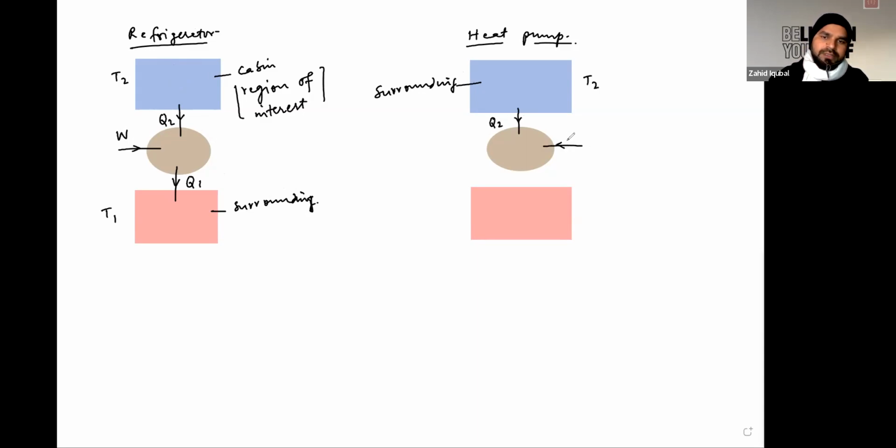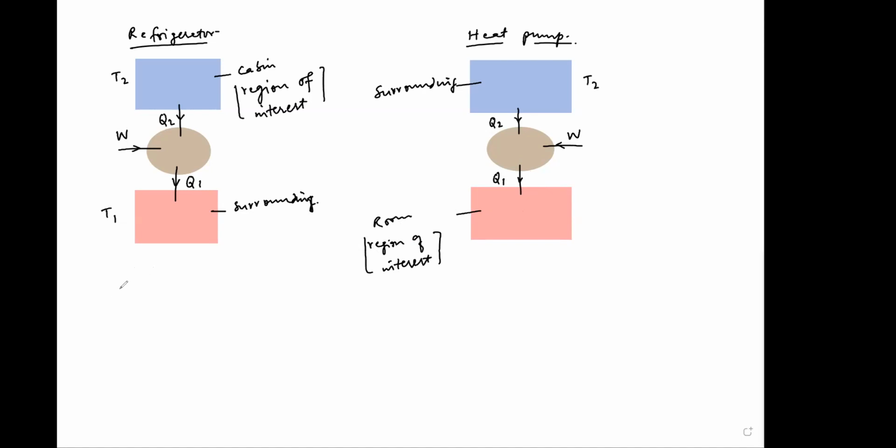By adding work from compressor, it donates Q1 amount of heat into room, that is a region of interest for this case. To warm it up. Is it clear, Fatma? Yes, sir.